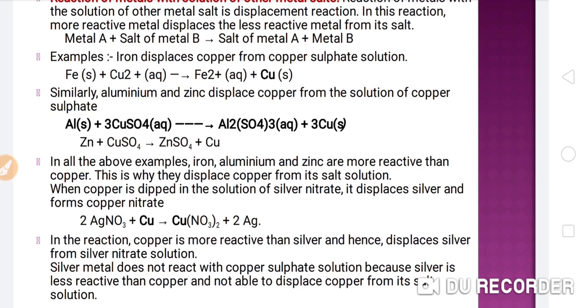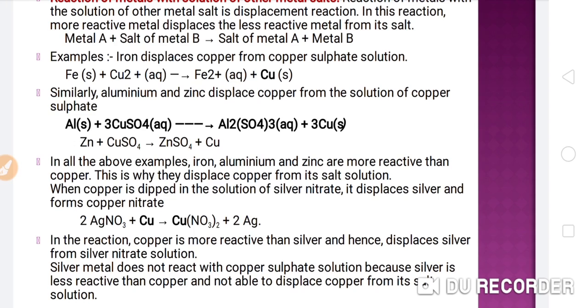Why? Because these metals are more reactive than copper. That is the reason they can displace the copper metal from its salt solution.